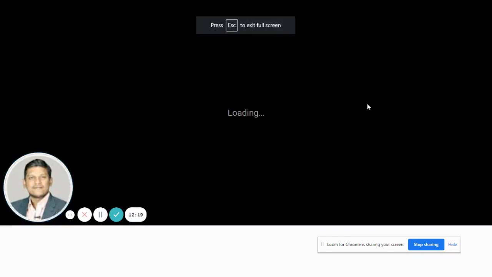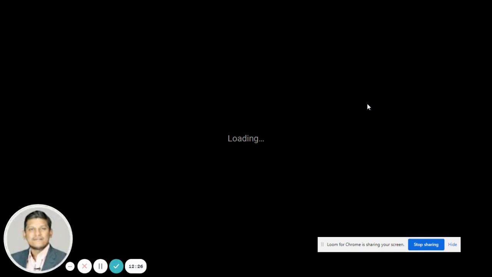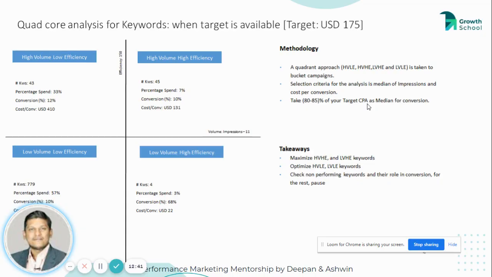You can see here that we need to expand for high efficiency keywords and we need to optimize for low efficiency keywords. Let it load, guys. My system is a little slow today.